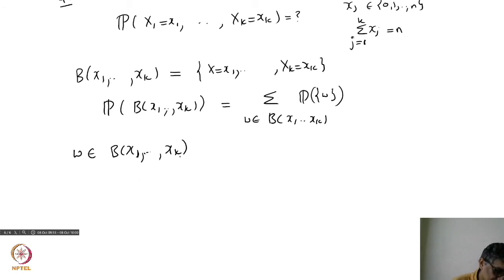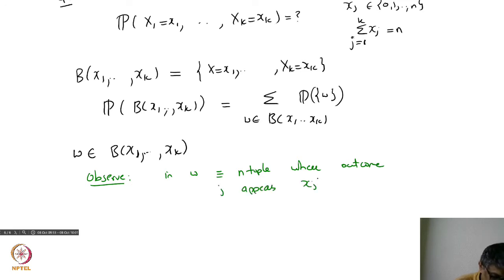So this is the observation: in omega, the sequence is an n-tuple where outcome j appears xj times. And that's how omega looks.